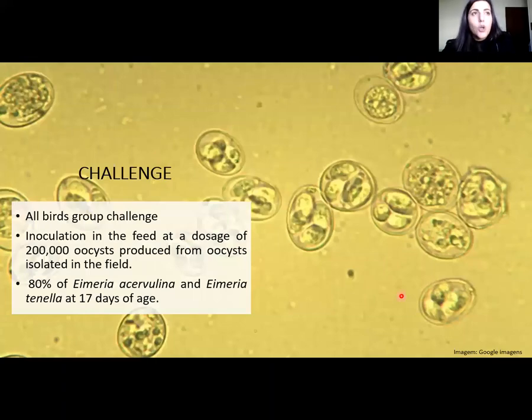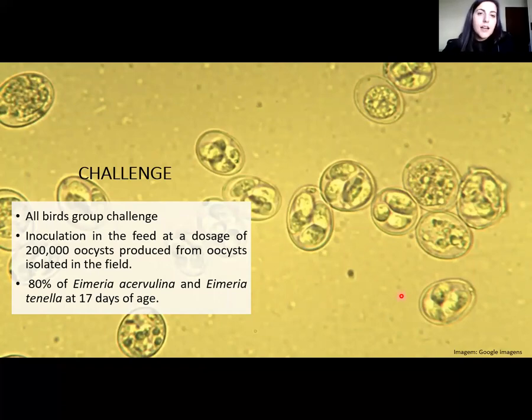The challenge: all the groups that received the challenge received inoculation in the feed at a dosage of 200,000 oocysts produced from oocysts isolated in the field.